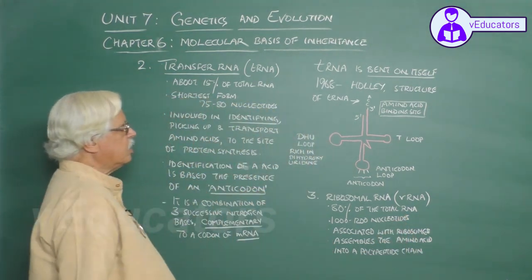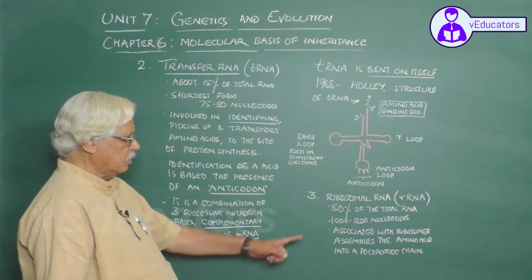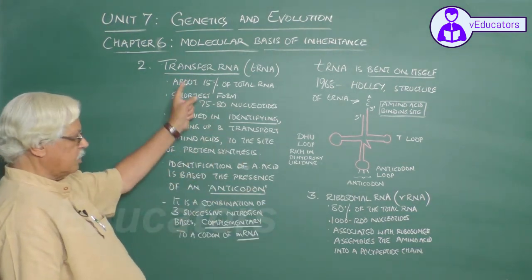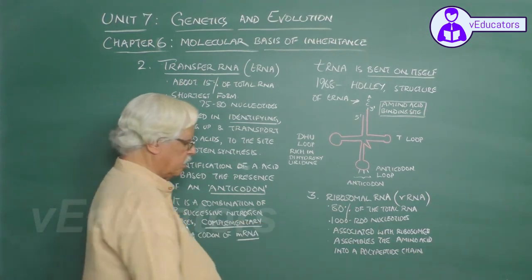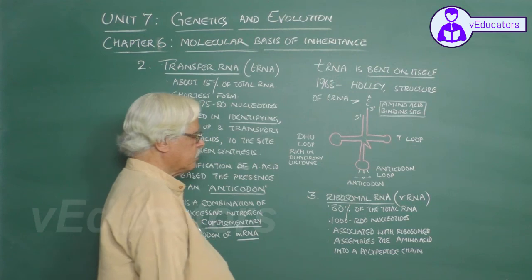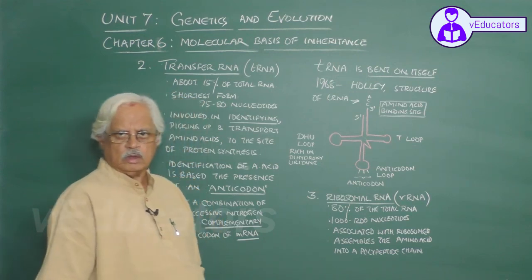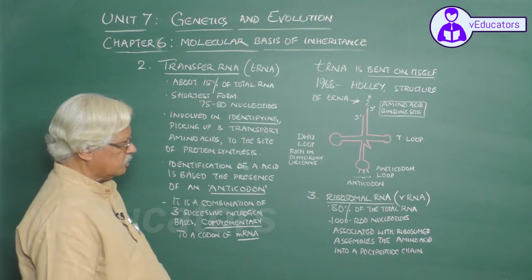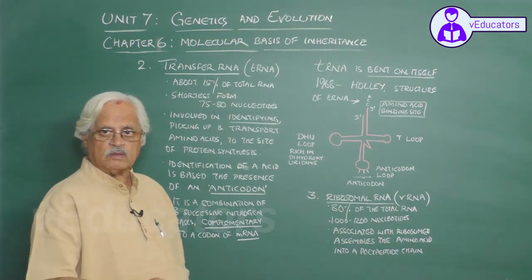So these are the three types of RNA: messenger RNA, transfer RNA, and ribosomal RNA. All these three types of RNA are together involved in a function called gene expression. Gene expression is responsible for protein synthesis.